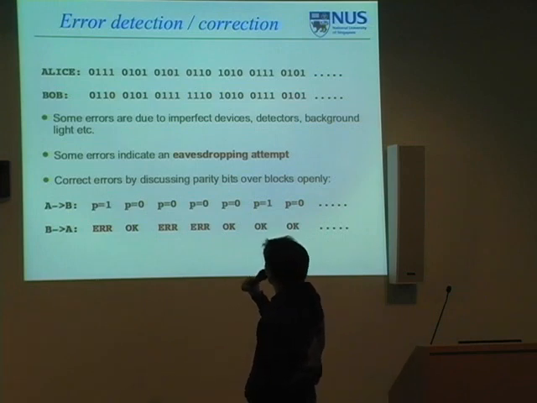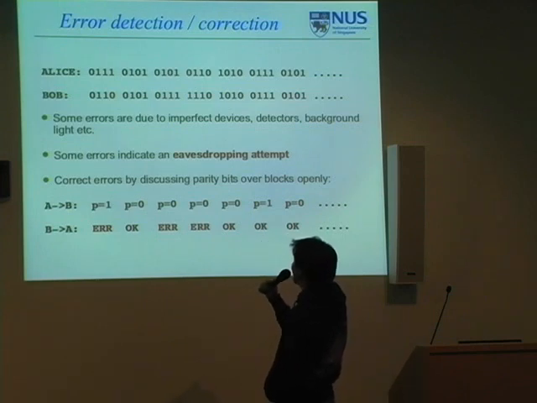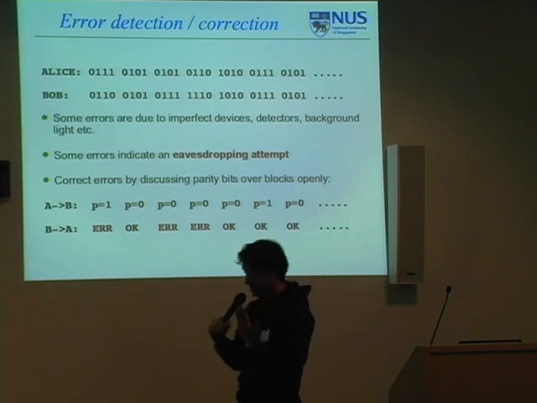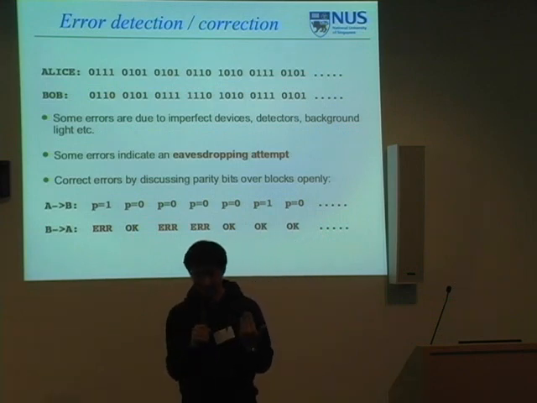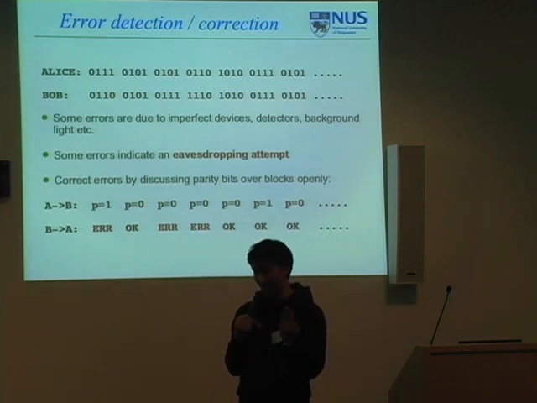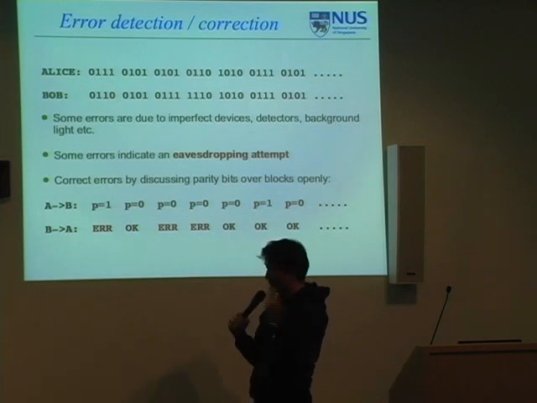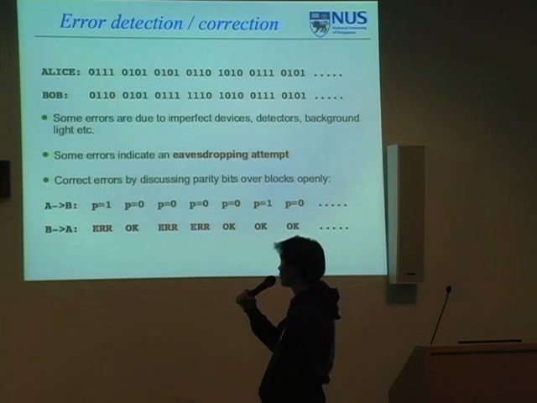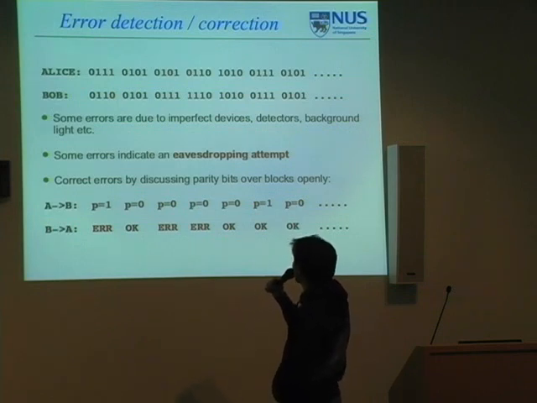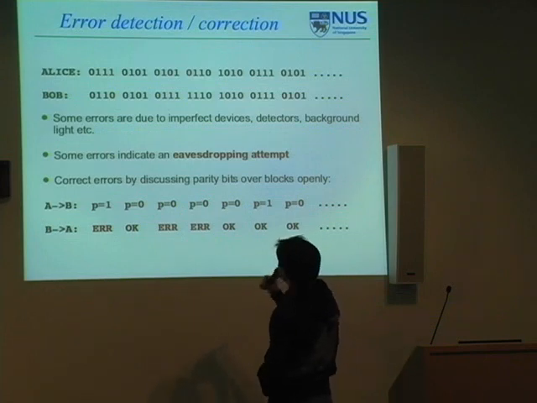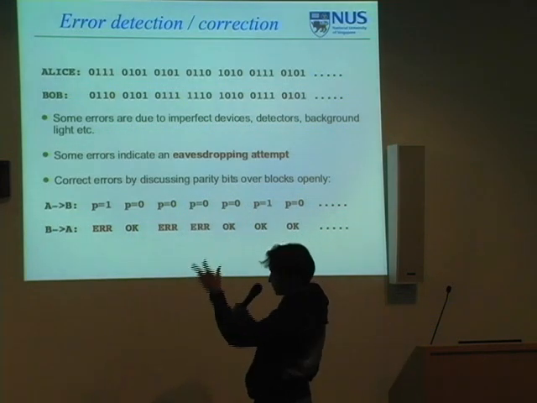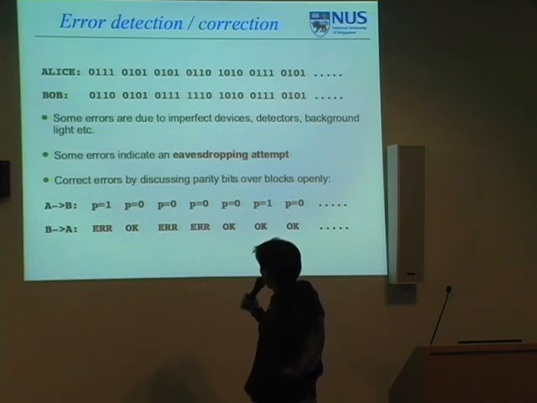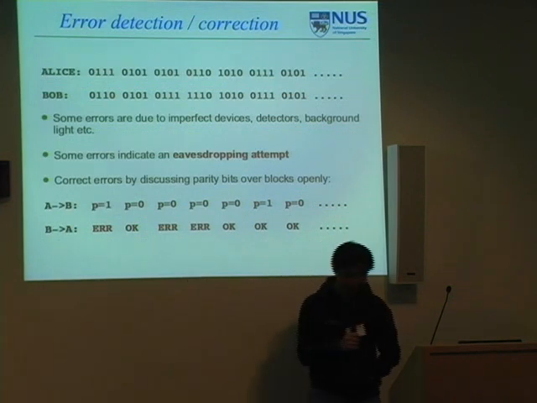You can't distinguish between an innocent error caused by your single mode fibers rotating the polarization state and eavesdropping attempts. So you have to treat all these errors as the presence of an eavesdropper. You try to correct for the errors by discussing the parity: you divide the keys into blocks, and then you discuss the parity of the blocks.